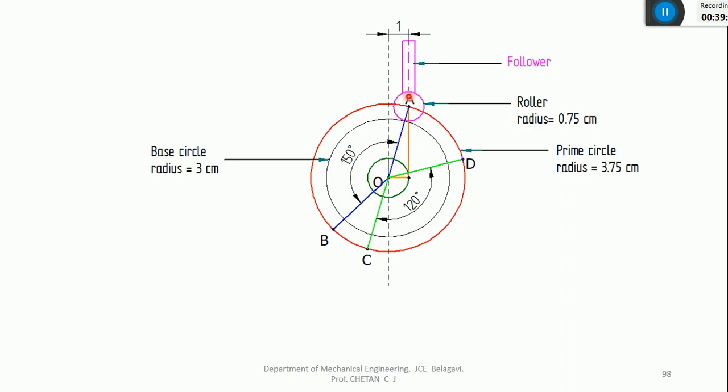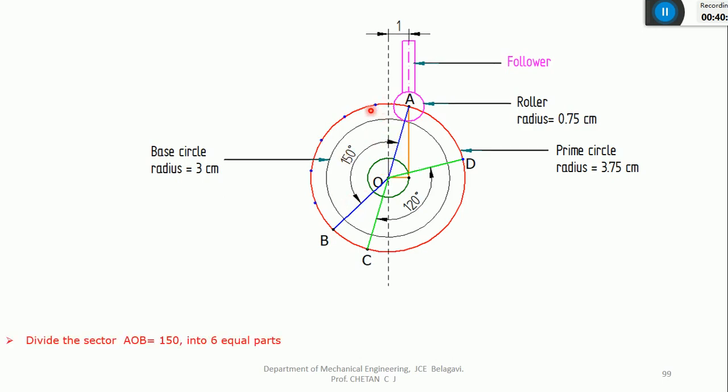Between point A and point B, just divide this prime circle into 6 equal parts. Between point A and point B, the total angle covered is 150. 150 by 6 is 25 each.